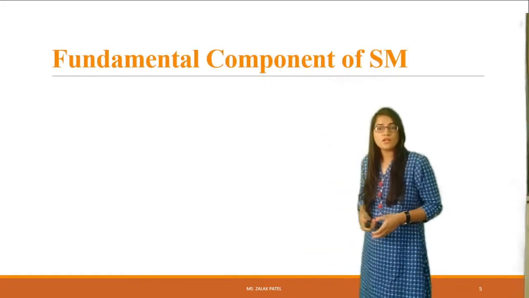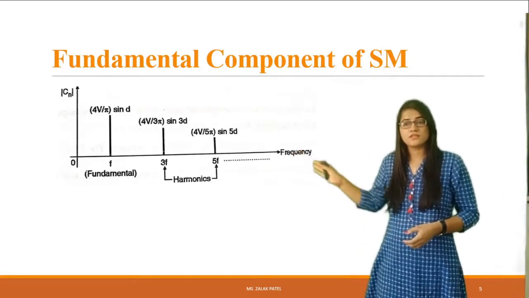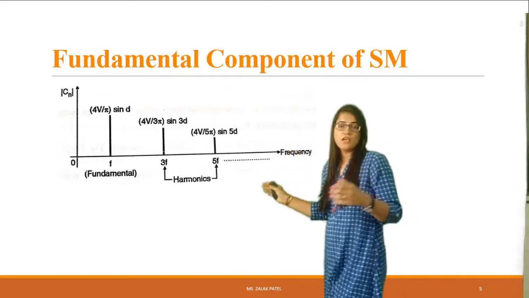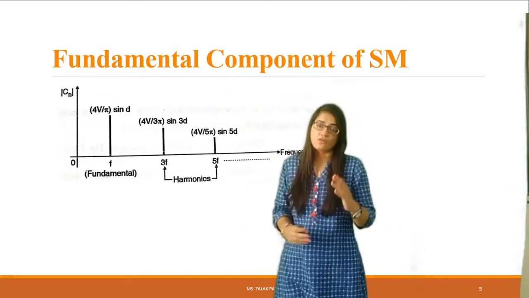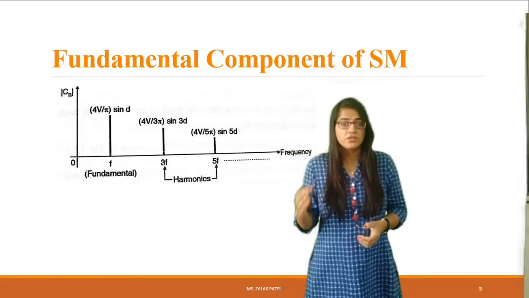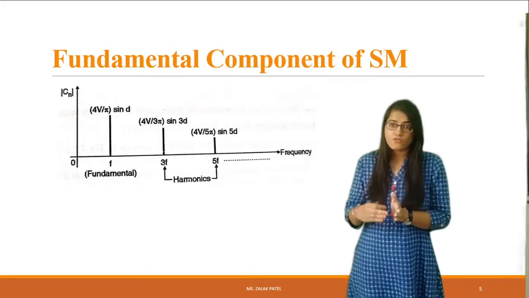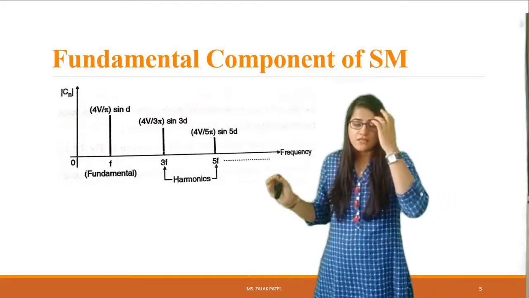Now for the fundamental component of modulation, let's see this graph. Here you can see the frequency versus coefficient graph, and the frequency components are f, 3f and 5f. Meaning the fundamental, third order harmonic and fifth order harmonic are there.